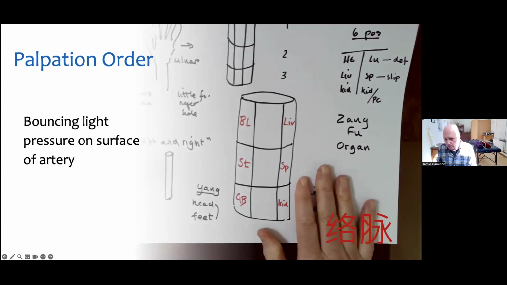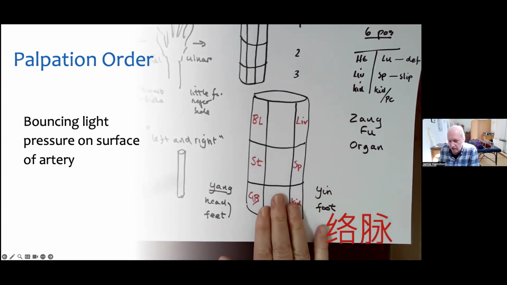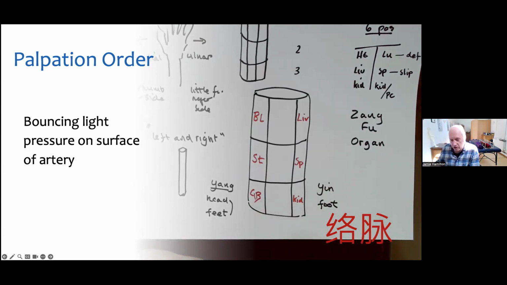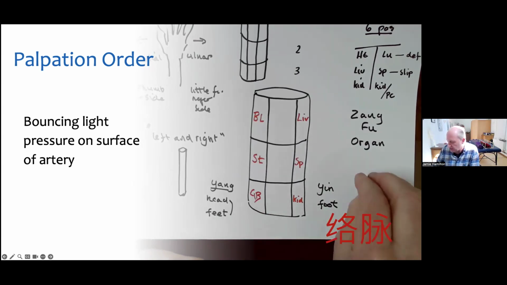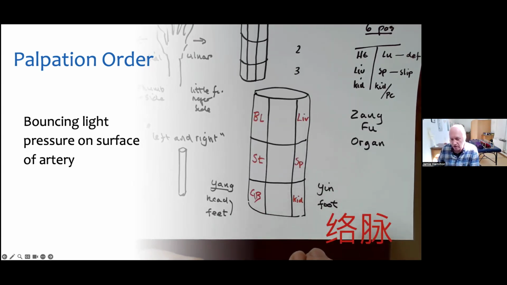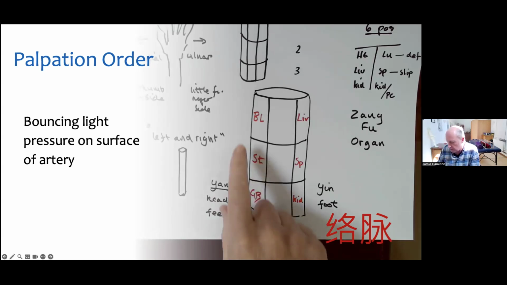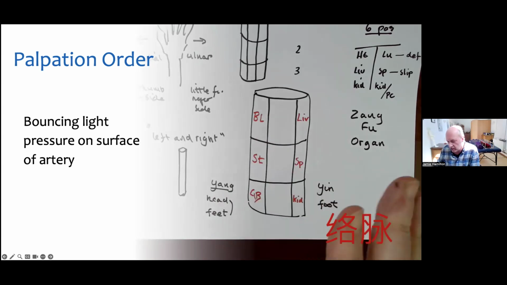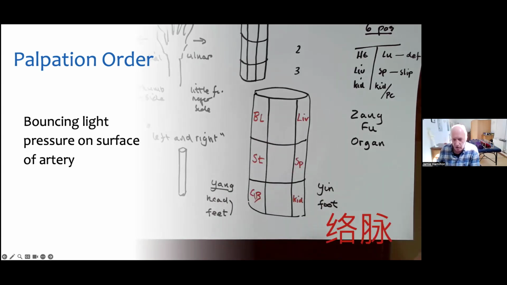When we see this map here, we potentially are looking at things which are more structural, more physical, to do with the channel system, and not necessarily connected to the organs. So it's a slightly different take on things. I look out for disturbances with this map when I'm treating musculoskeletal problems.